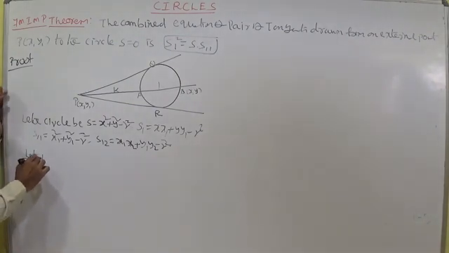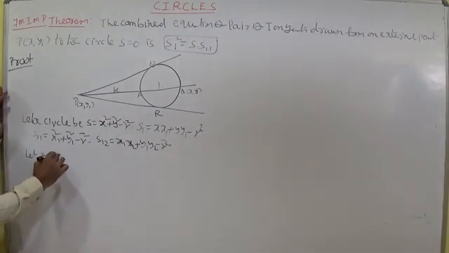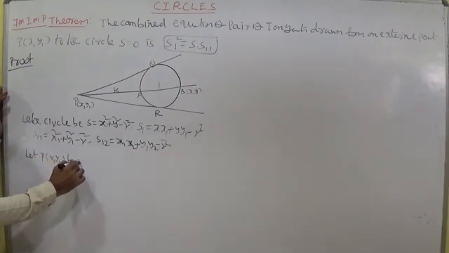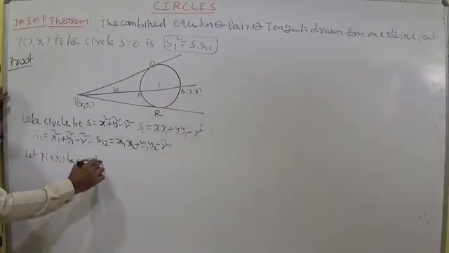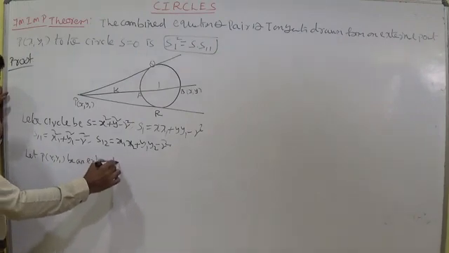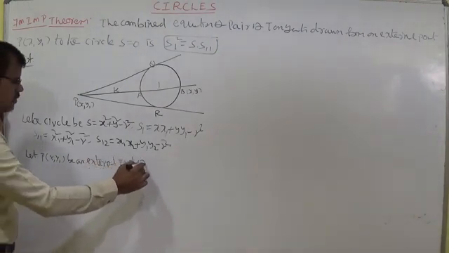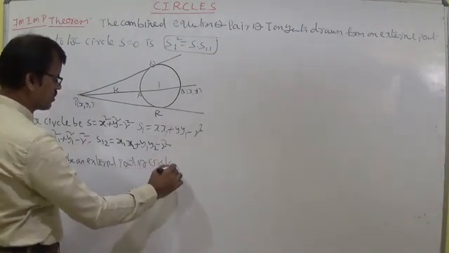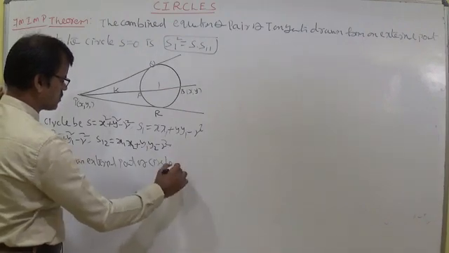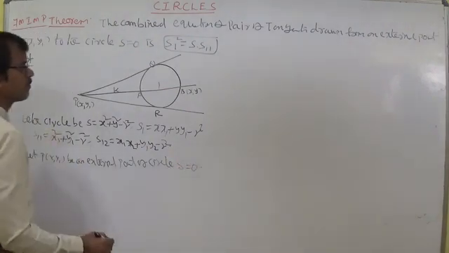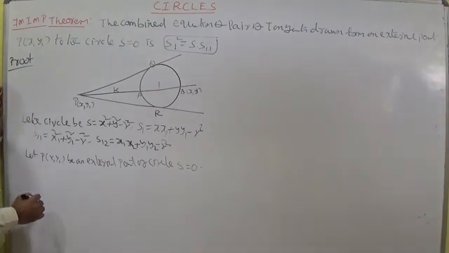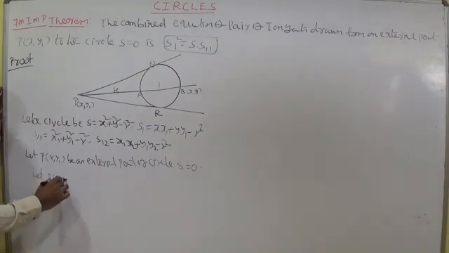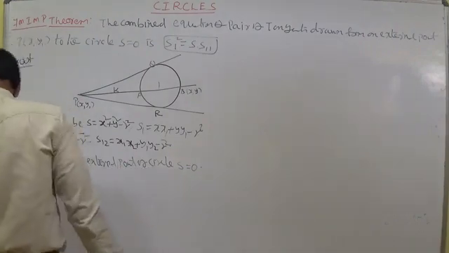Let P(x1, y1) be an external point of the circle S equal to 0.